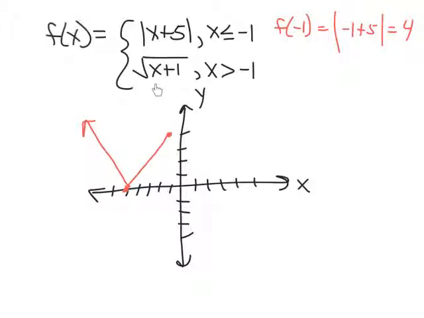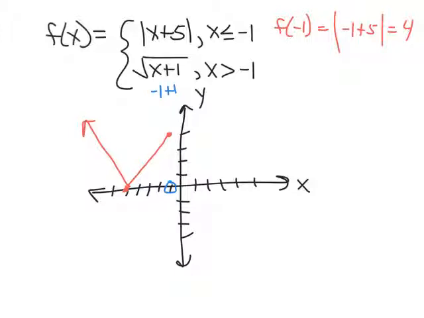The second guy is going to be graphed from negative 1 on. But he has to have an open circle at negative 1. If I evaluated him at negative 1, negative 1 plus 1 would be 0. So that point is going to be an open circle on the graph.